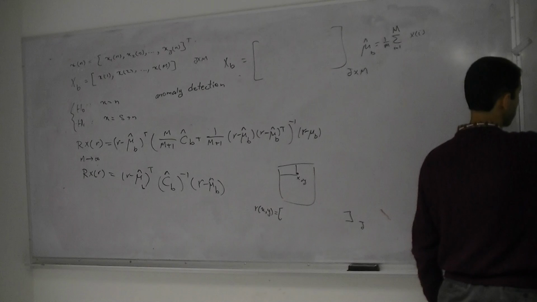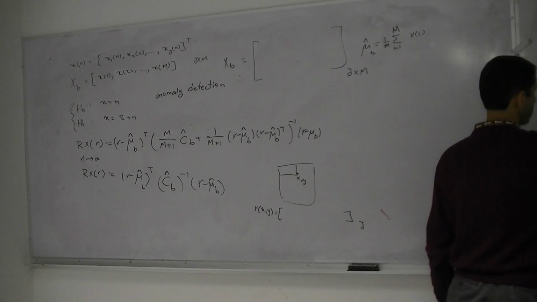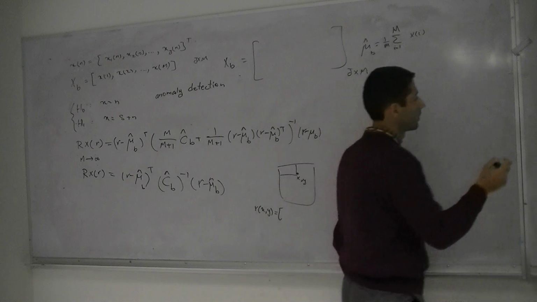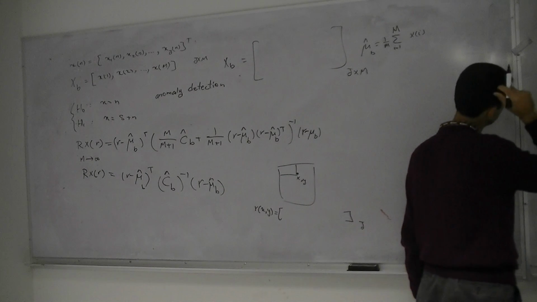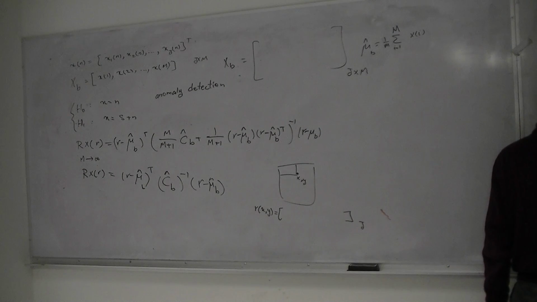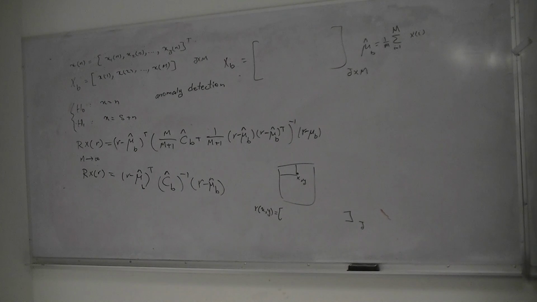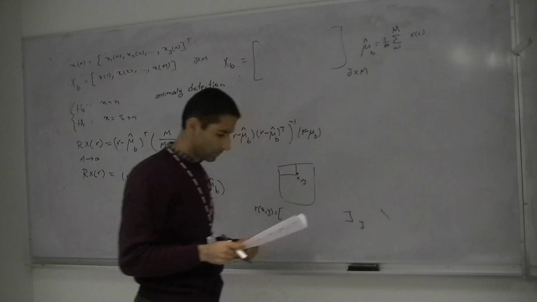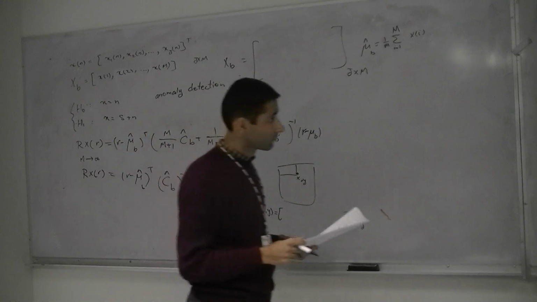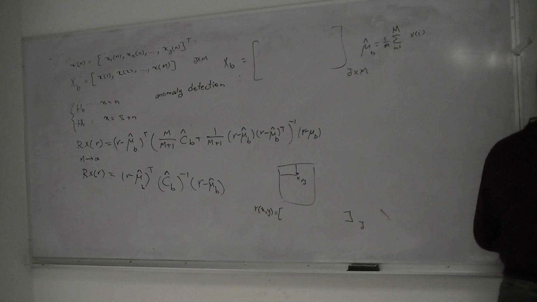The covariance is equal to, for example, it should be xi and xj.